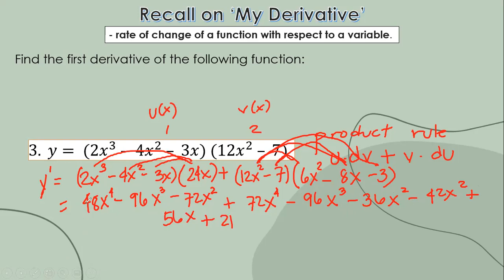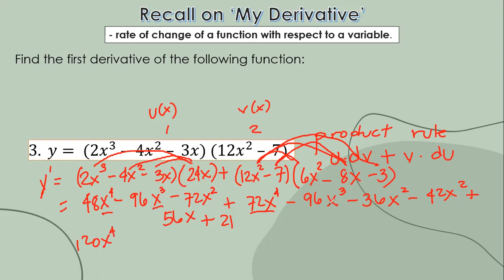So we will just have to combine like terms. Lahat ng x to the fourth ay ito. Meron pa ba? Wala ng x to the fourth. We just have to add 48 plus 72. So that is 120x to the fourth.